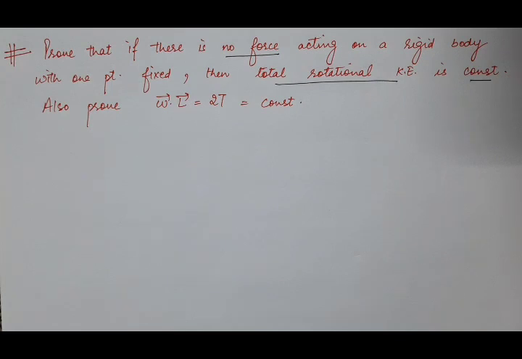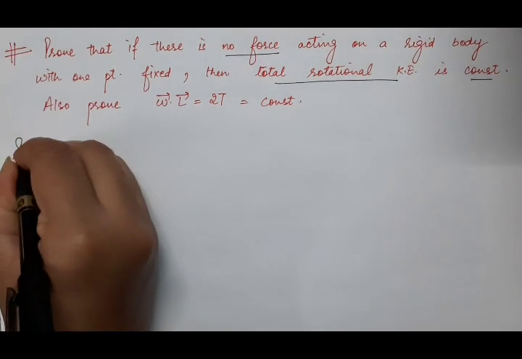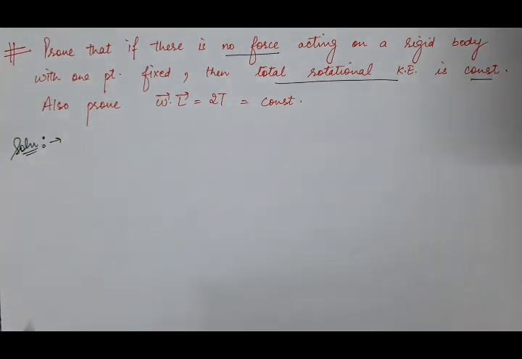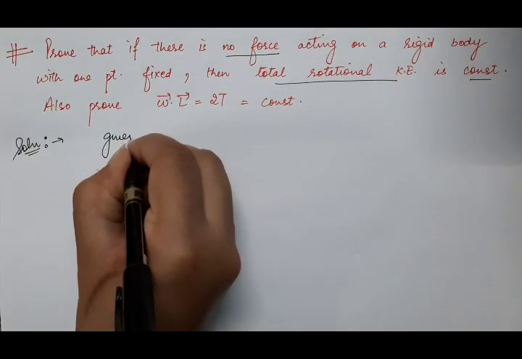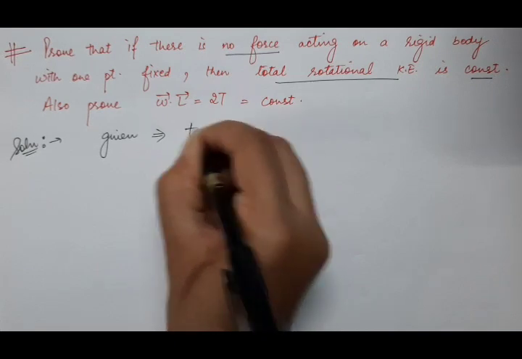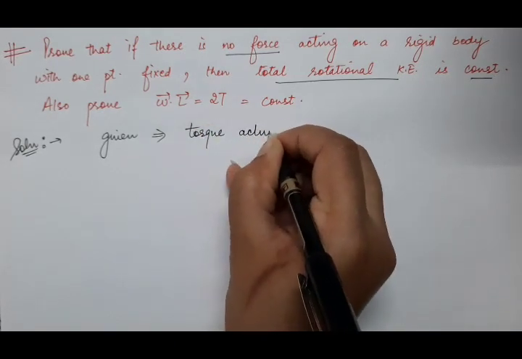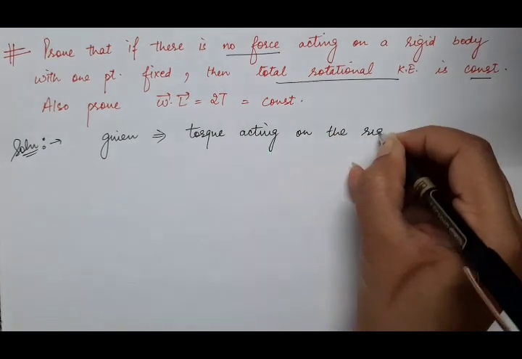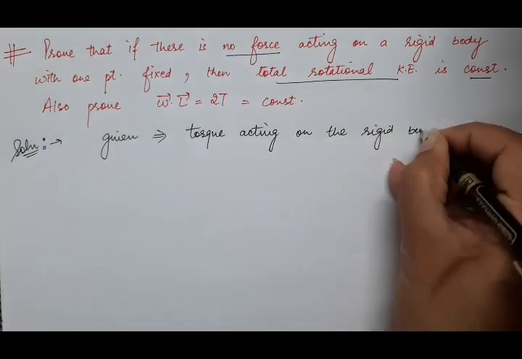First of all, we will prove that the total rotational kinetic energy is constant, but what is given? That there is no force acting on the rigid body. And if there is no force acting on the rigid body, it means torque acting on the body is 0. So given is that torque acting on the rigid body is 0.